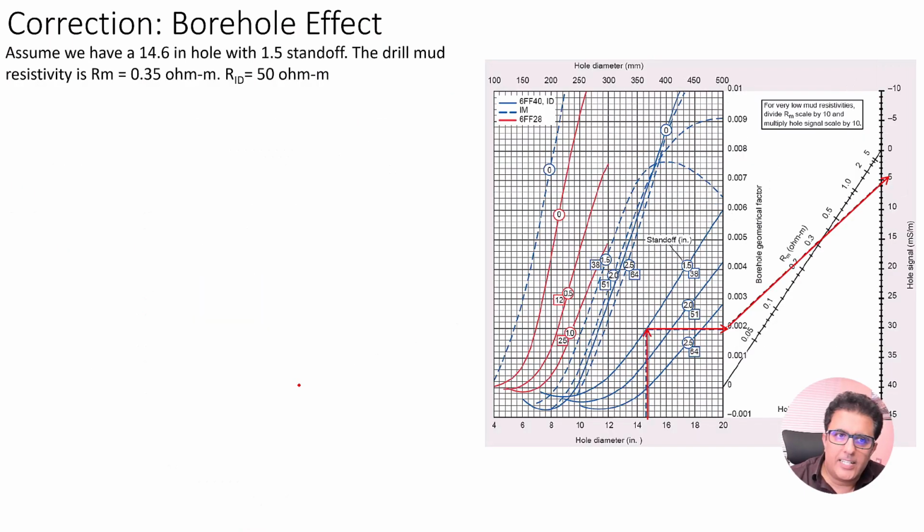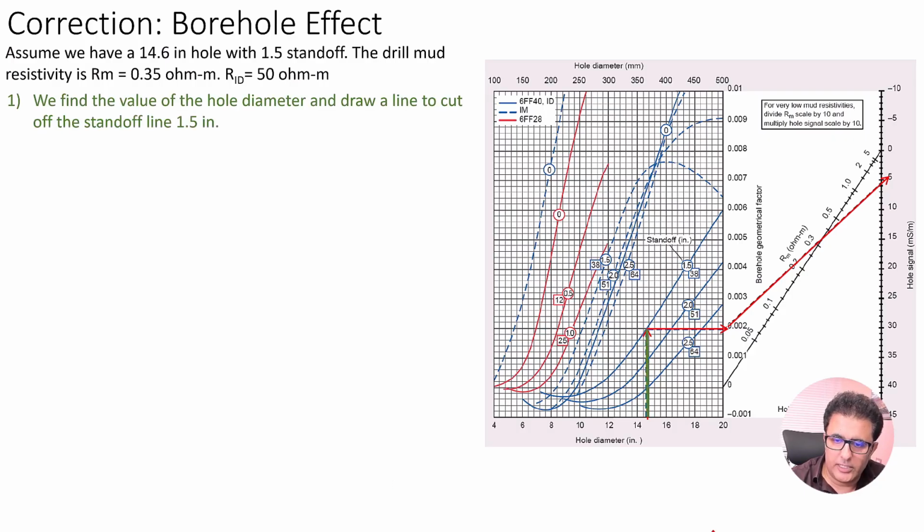Okay, guys, so now let's do an example about how we can use this chart. The first thing that you should find on this chart is the hole diameter. Assume that here the hole diameter is 14.6 inch. And the first thing, we're going to draw a line to cut one of these curves.